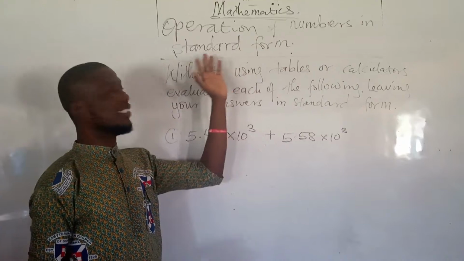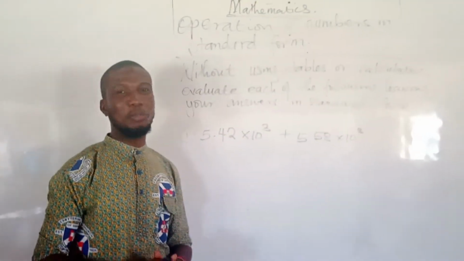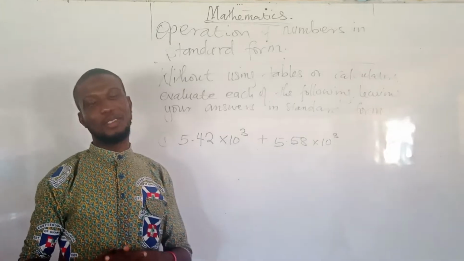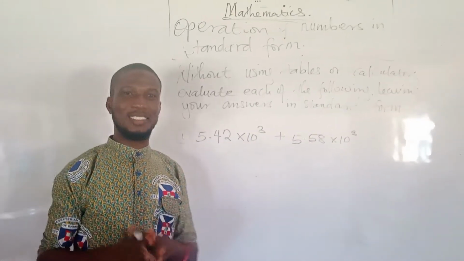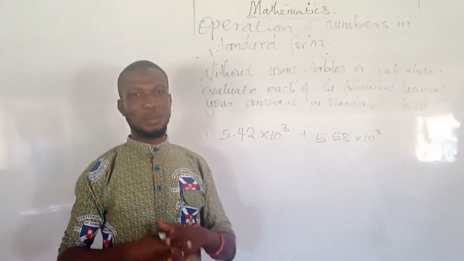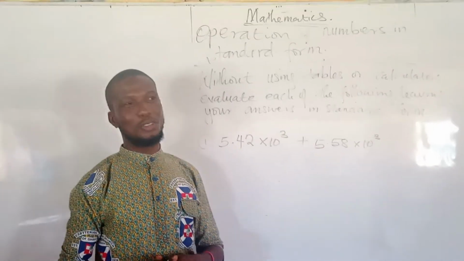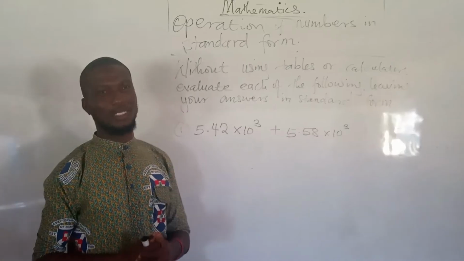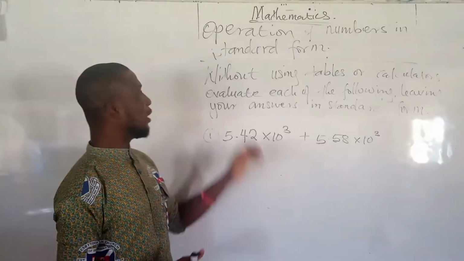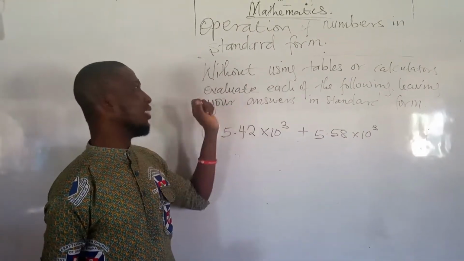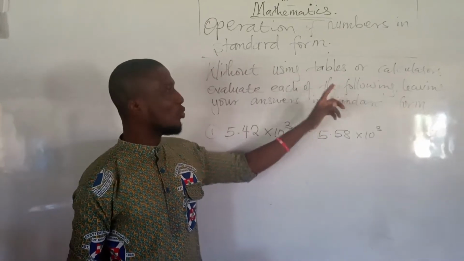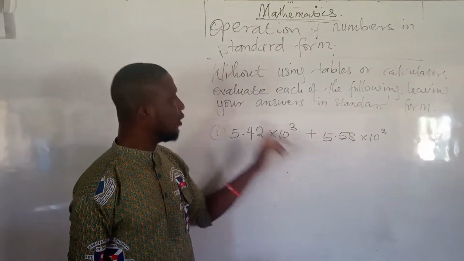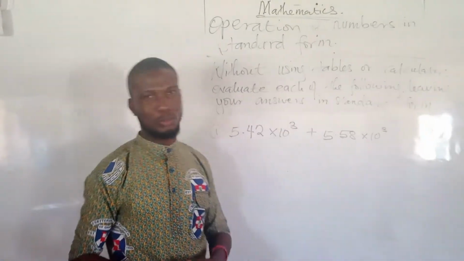Operation of numbers in standard form simply means the use of the basic operation signs, which are addition, subtraction, multiplication or division, to work out numbers. That is just what operation of numbers means. Good. We are taking the very first one with the general instruction as without using tables or calculators, evaluate each of the following, yielding your answers in standard form.